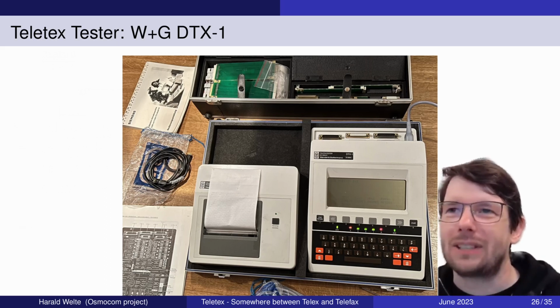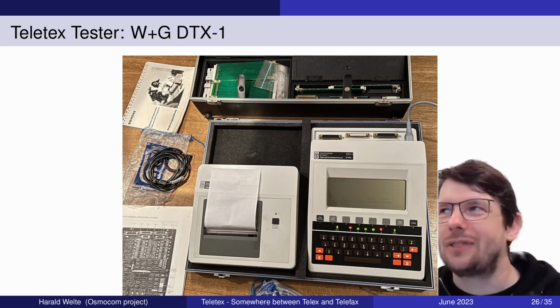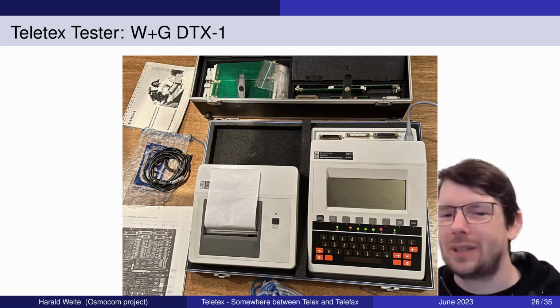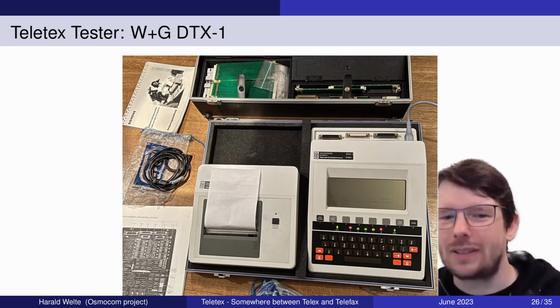There are even some special circuit board adapters here, those are for the Siemens T4200, one of these CRT screen text processing machines, which had a plug-in module for the data communications equipment. So you would plug in the DCE.